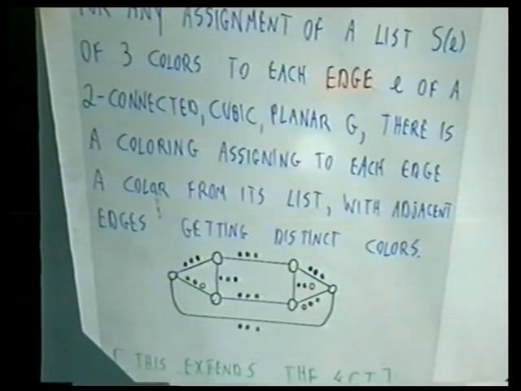Because of some old results, you can show that, somewhat surprisingly, this coefficient actually counts the number of usual proper colorings of the edges of the planar graph, which by the four-color theorem is non-zero.